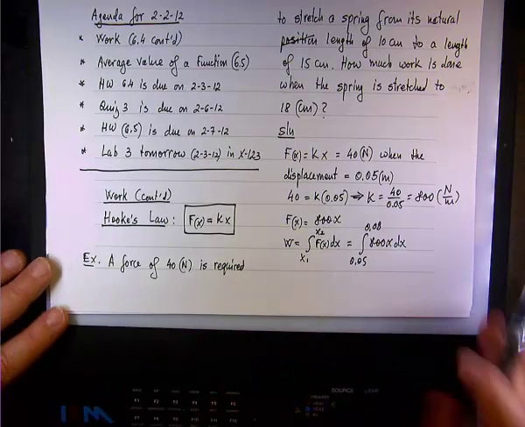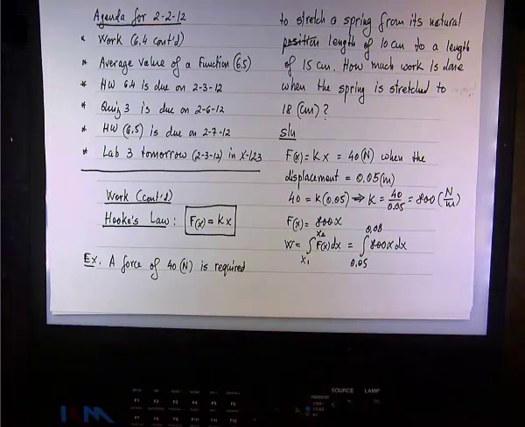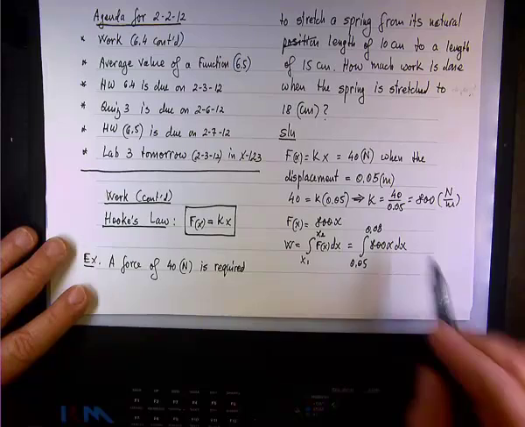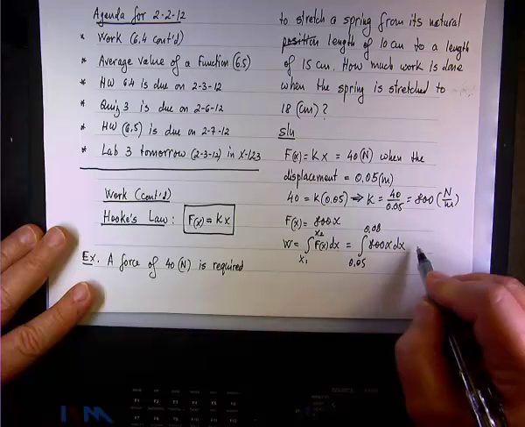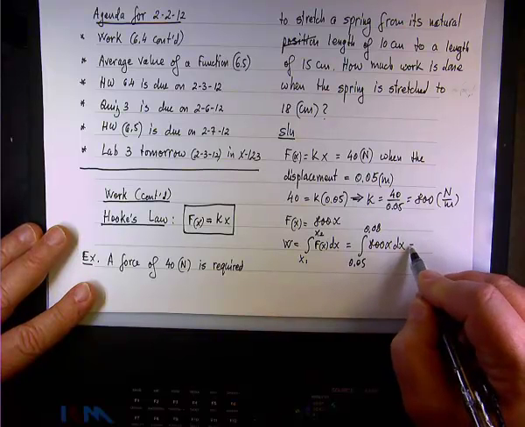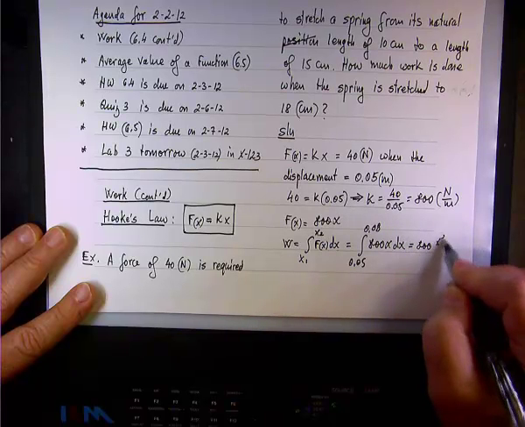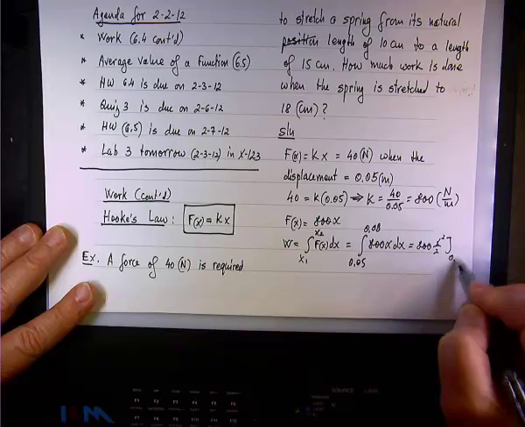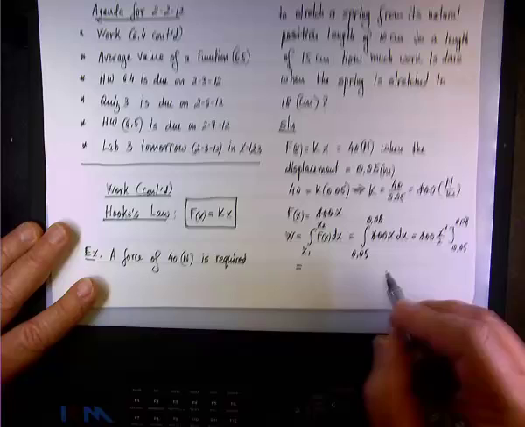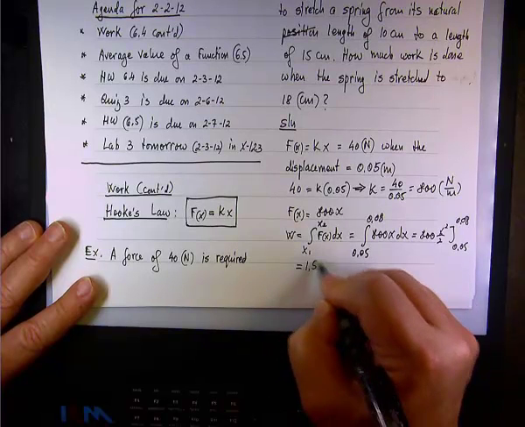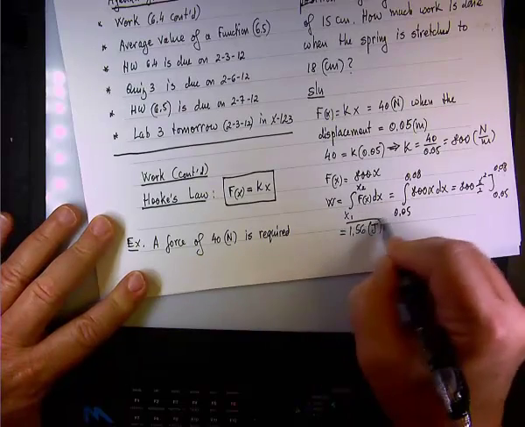Other than setting up the boundaries, which is the tricky part, everything is straightforward. So the idea is, whatever you do, x is measured from the natural position. Well, the result of it is, of course, 800 times x squared over 2, evaluated from 0.05 to 0.08, and the answer is 1.56 joules. Joules, because again, we are dealing with metric units.